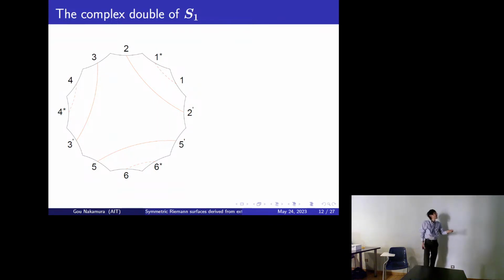Two sides connected by dotted curves are labeled, for example, 1 and 1 star, and 2 sides identified by an orange curve are 2 and 2 prime, and so on.